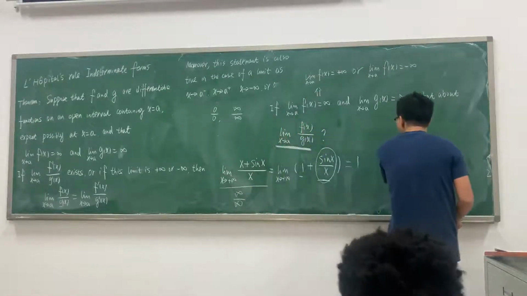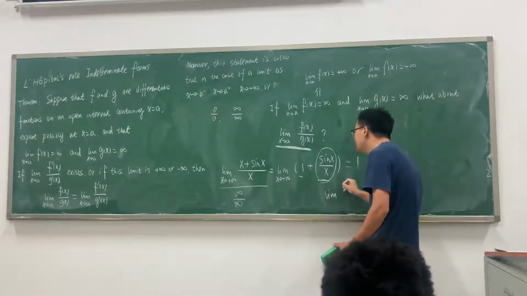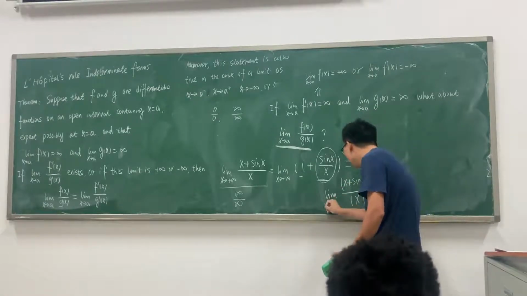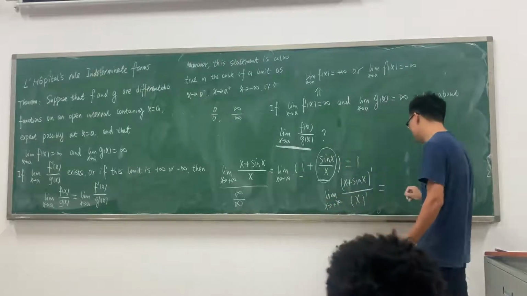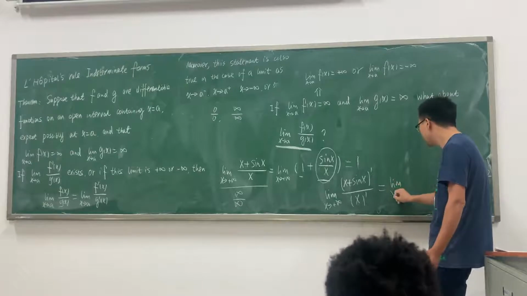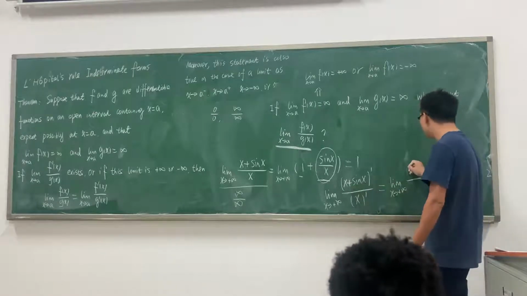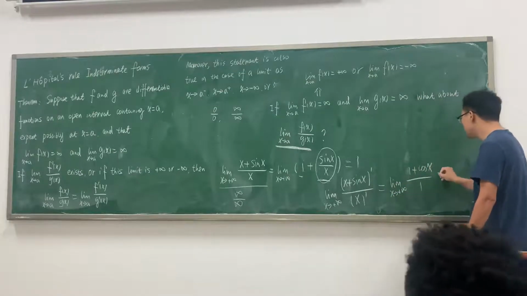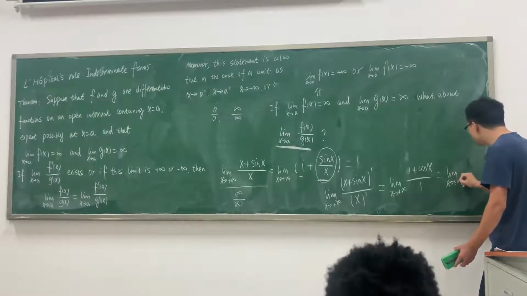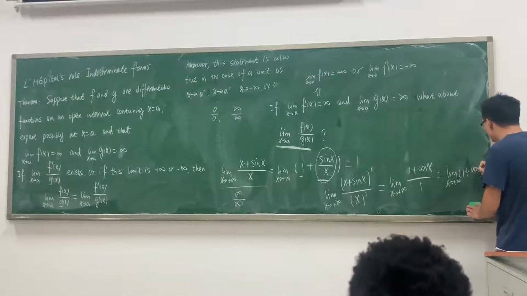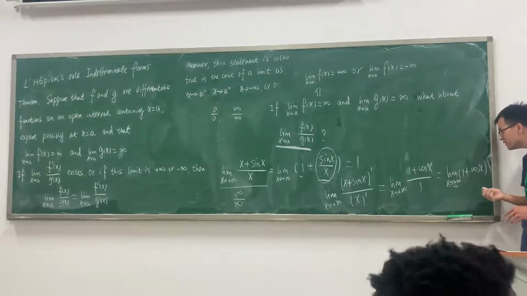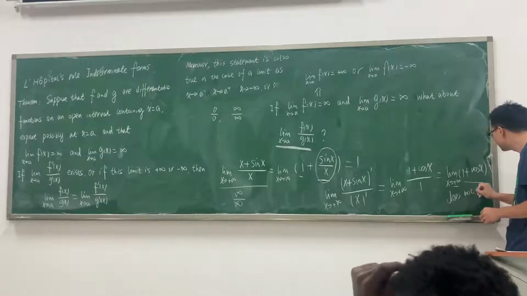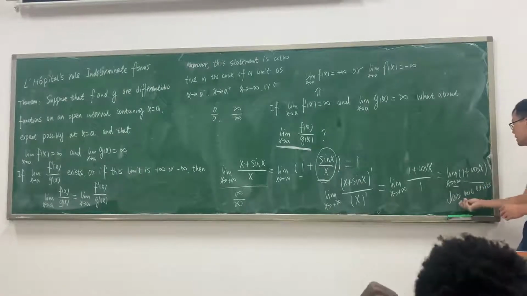Taking the derivatives, the limit as x approaches plus infinity of (1 plus cosine x) divided by 1. So the limit of 1 plus cosine x as x approaches plus infinity does not exist.